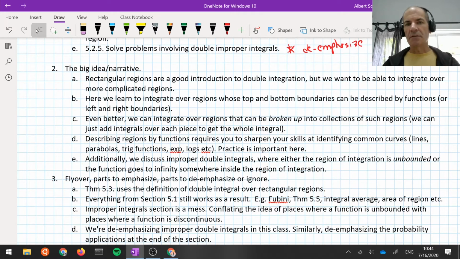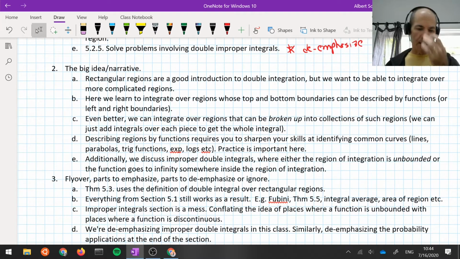Just a note here that describing region boundaries by functions is going to require you to be very comfortable with the common curves like lines, parabolas, trig functions, exponentials, and logs. And not only that, but translations of those functions, and practice is going to be important here, and review of those basic kinds of curves if you're a little bit uncomfortable with them.